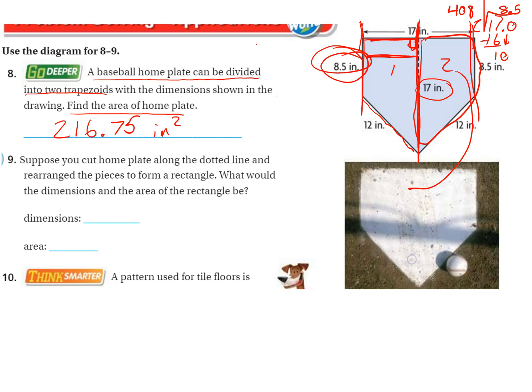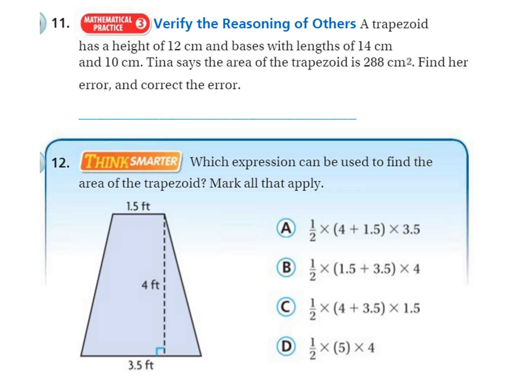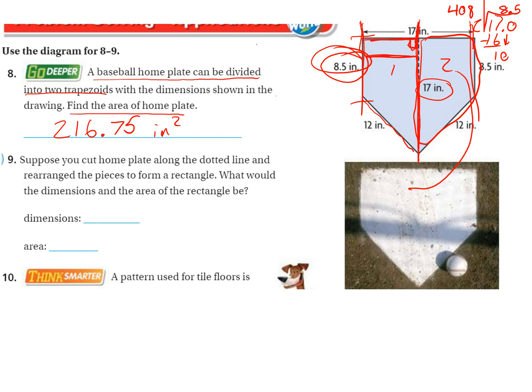Okay, so it's not going to be quite that long, but we have 8.5 here. This would be 17 here, because this length is 17, and this would be 17 now. So I'd add 17 plus 8.5, which I actually already did.